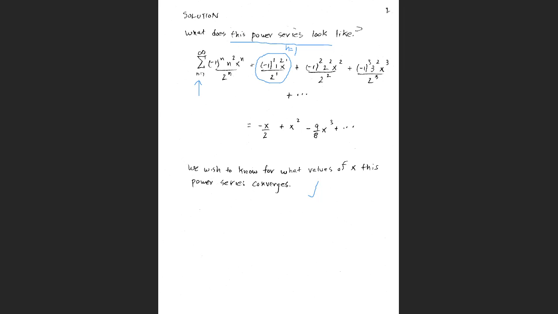And then the second term of the series would be the term when n equals 2. Okay, good. And then n equals 3 would give us the third term of the series. So we're just enumerating the terms of the series out. And then I simplify those terms to get the first 3 terms of the series.